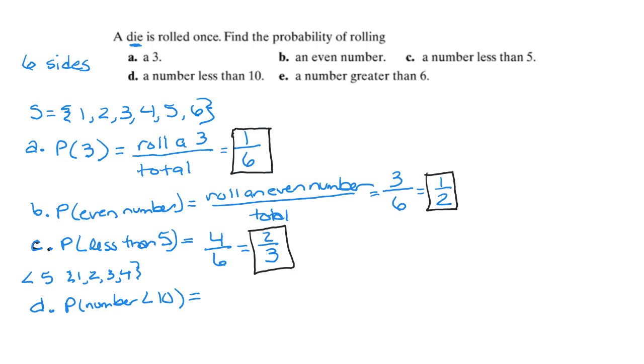Well, all of them are less than 10, so that leaves me 6 numbers are less than 10, divided by the number of elements in my sample space, which is 6. And 6 divided by 6 is 1. So remember, 1 is equivalent to 100%. So there's a 100% chance of rolling a number that's less than 10 if we roll our 6-sided die.